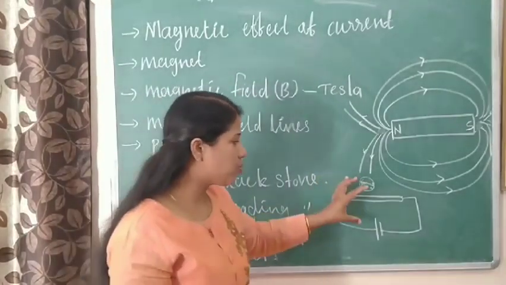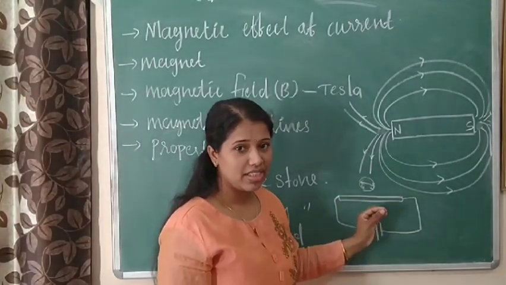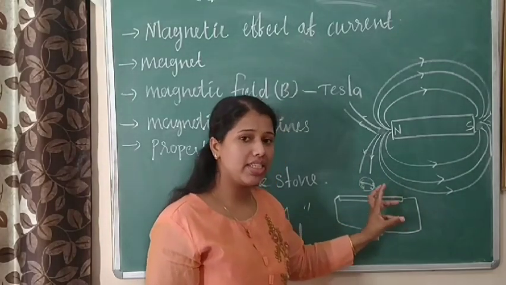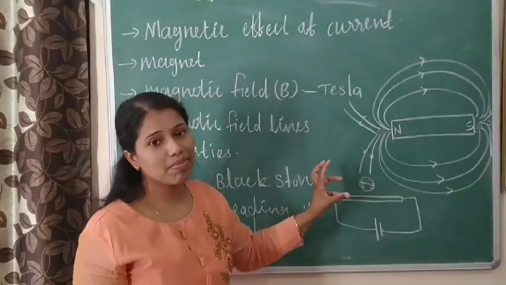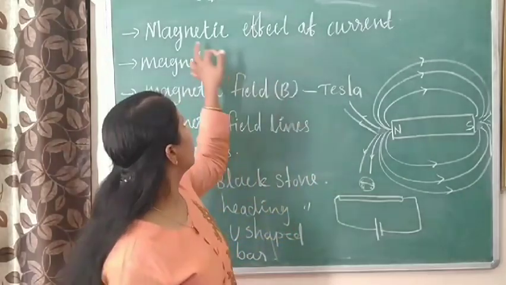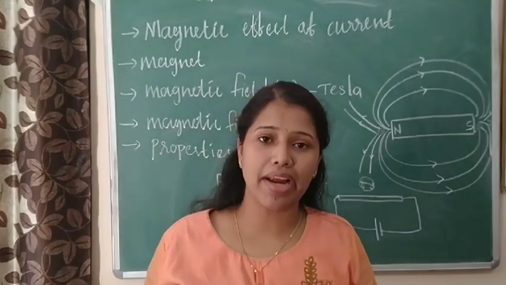From this experiment, we can identify that this wire has some effect. That effect we call the magnetic effect of current.